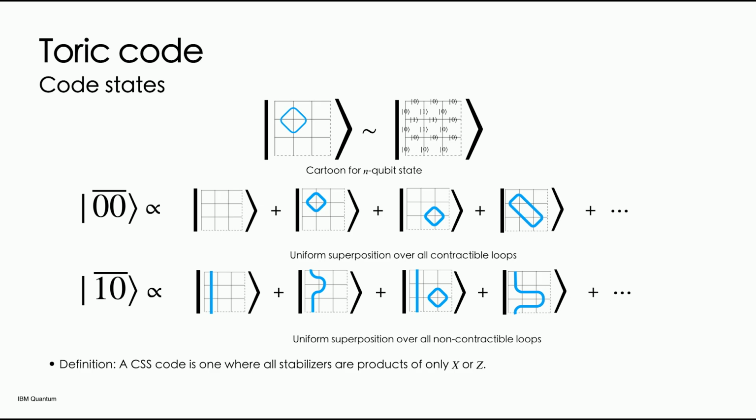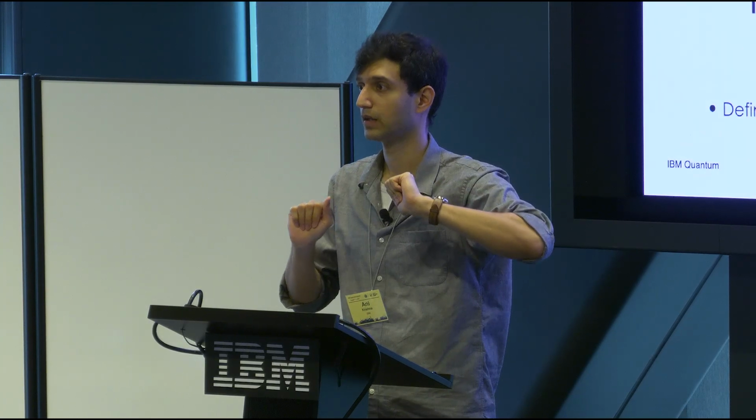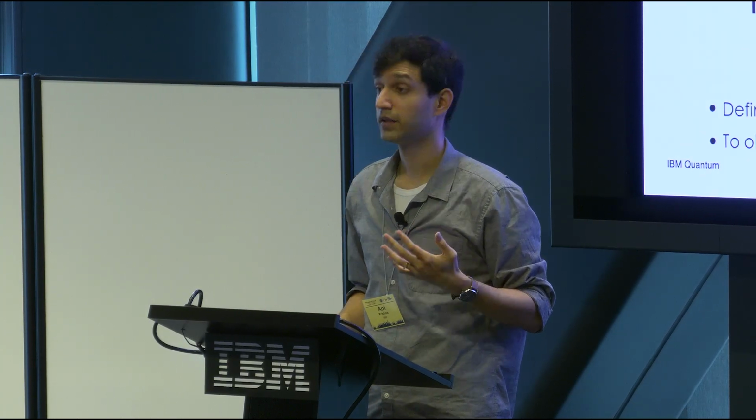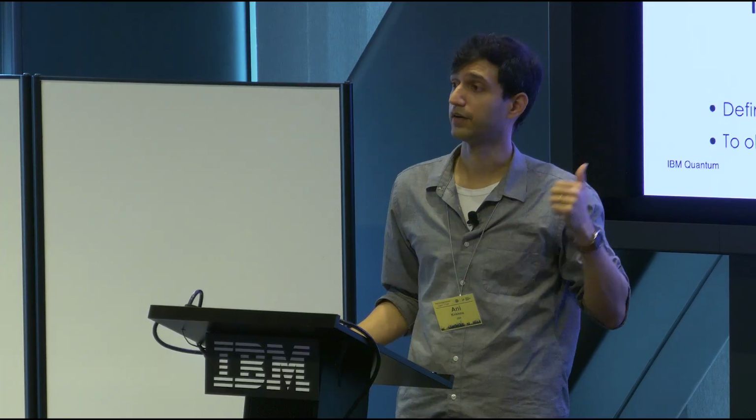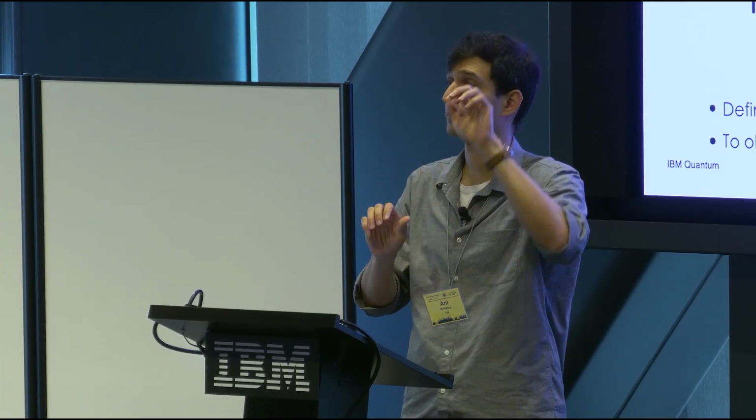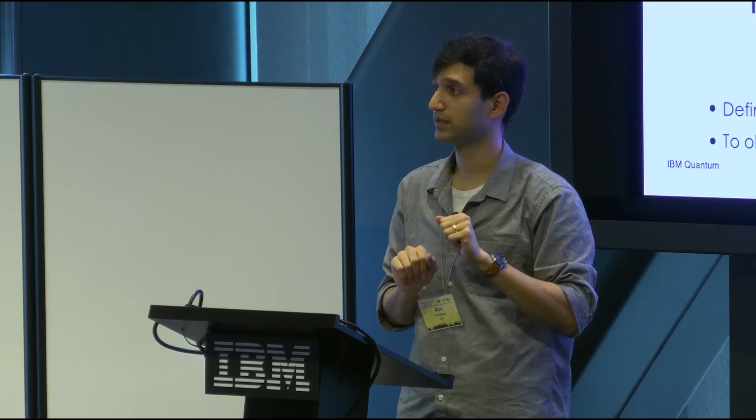And one of them is this easy representation of the computational basis states, the encoded states. A CSS code is one where all of your stabilizers are only products of X-type operators or only products of Z-type operators. And when you're dealing with a CSS code, how do you construct the corresponding map that takes you from your k-qubit state to your n-qubit state?